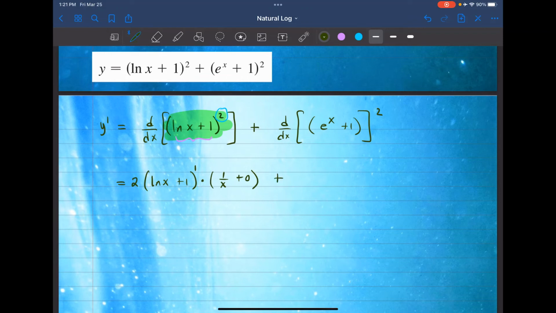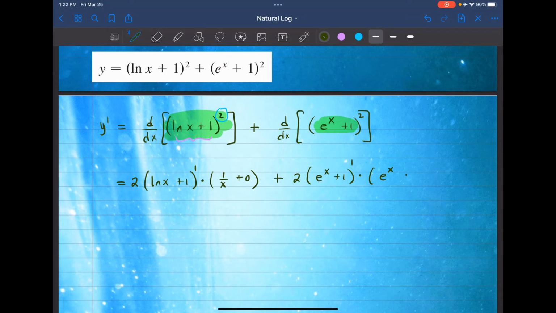Now the derivative of the second piece, that's also going to be a chain rule. So I'm just going to put the power in here. So again, you bring down the power, keep the inside and subtract 1 from the power, times the derivative of the inside. Now the inside is e to the x plus 1. Differentiate each term. So e to the x, derivative is e to the x.